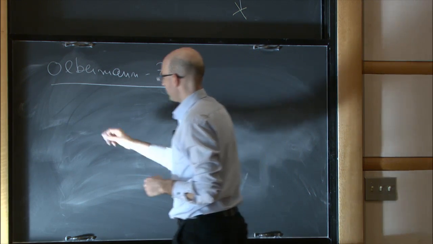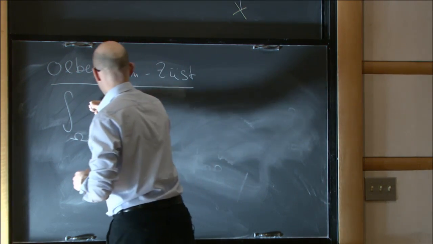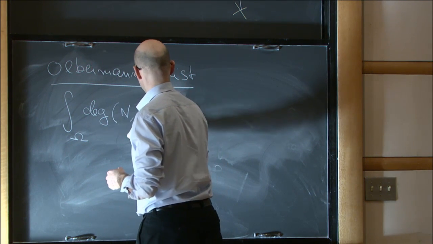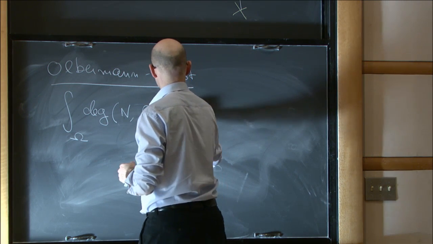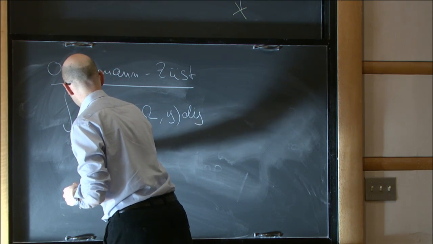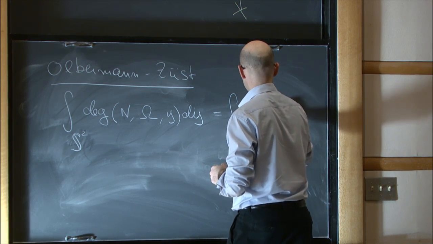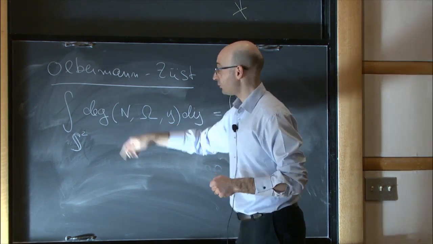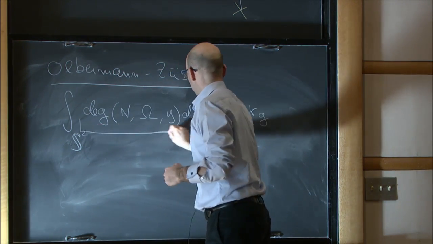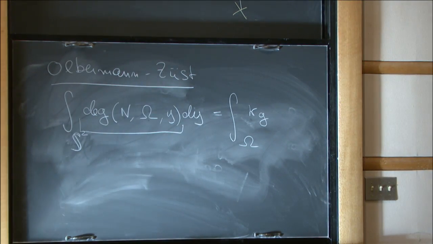So for the Gauss map, you could write the integral over S2 of the Brouwer degree of n with respect to omega, y dy. This is equal to the integral over omega of the Gauss curvature. This is the correct formula, where I'm taking into account possible cancellations. This function is a very well-defined locally constant function by Brouwer theory.